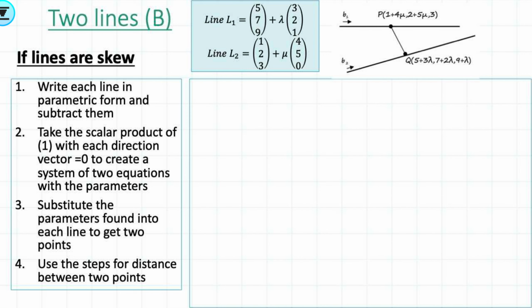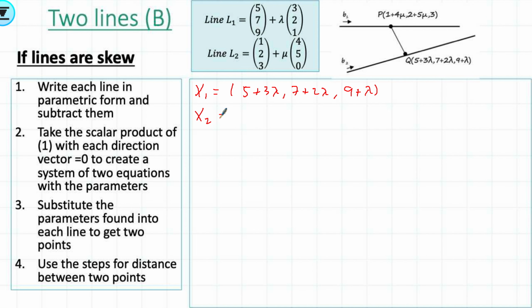Now, if the lines are skew, you obviously need to check all of these features before you start. So if the lines are skew, you want to write each line in parametric form, and then you will subtract them. So we will call x1 the parametric form for L1, and that will be (5 + 3 lambda, 7 + 2 lambda, 9 + lambda).